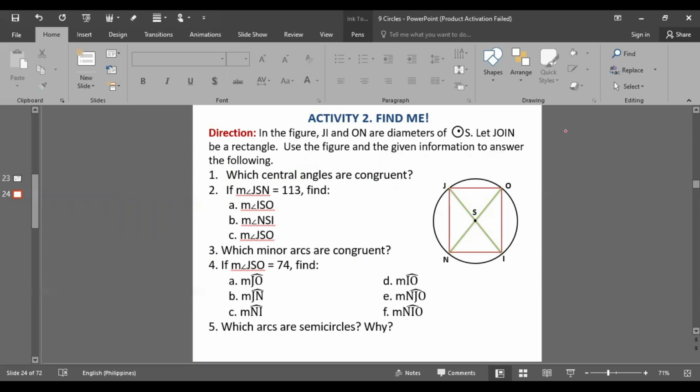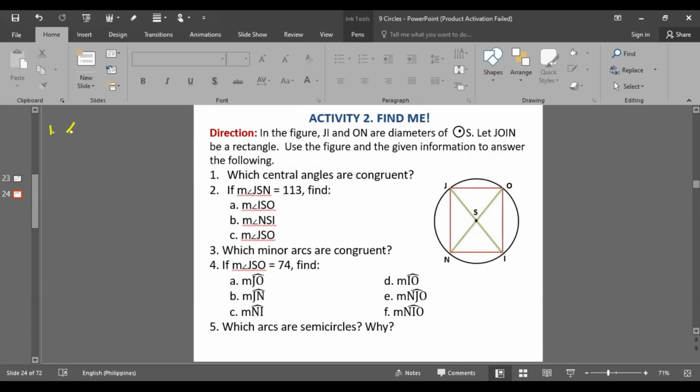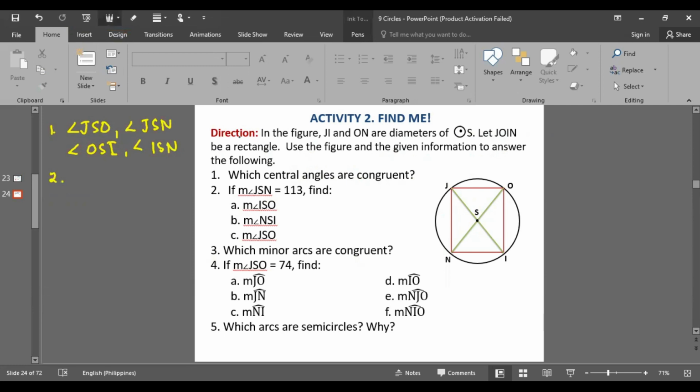So the central angles here are angle JSO, angle JSN, angle OSI, and angle ISN.